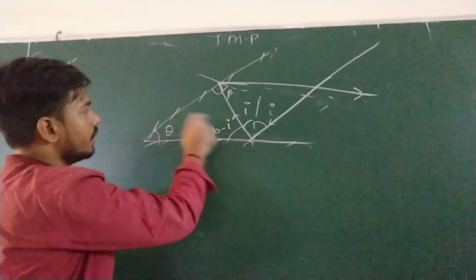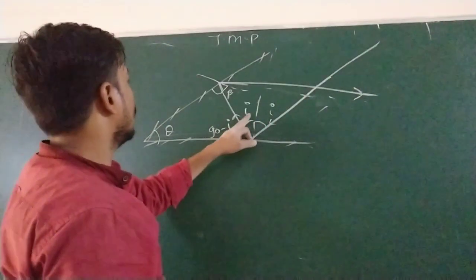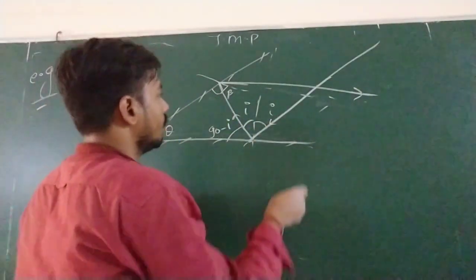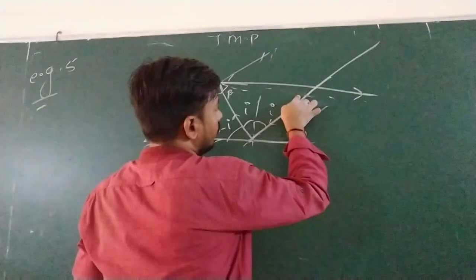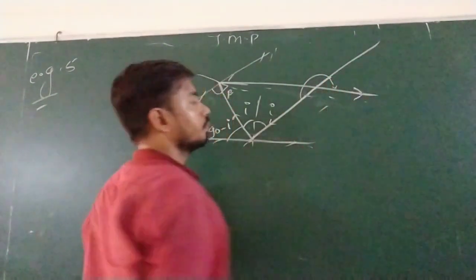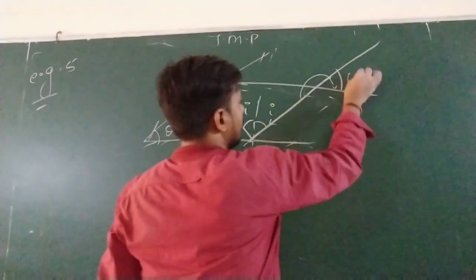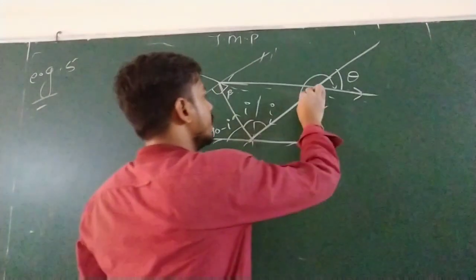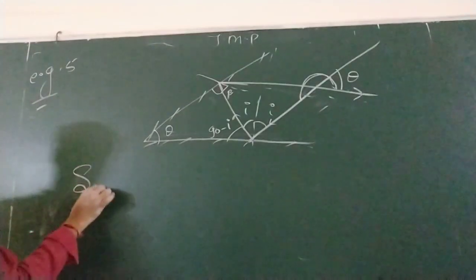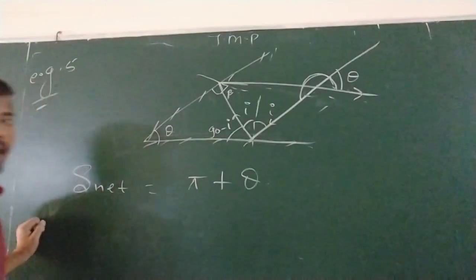First of all, take deviation. This ray is coming like this, but after reflection, this ray will go here. So these two angles are theta, so this is also theta. So this is pi plus theta. So the net deviation, delta net, becomes pi plus theta.